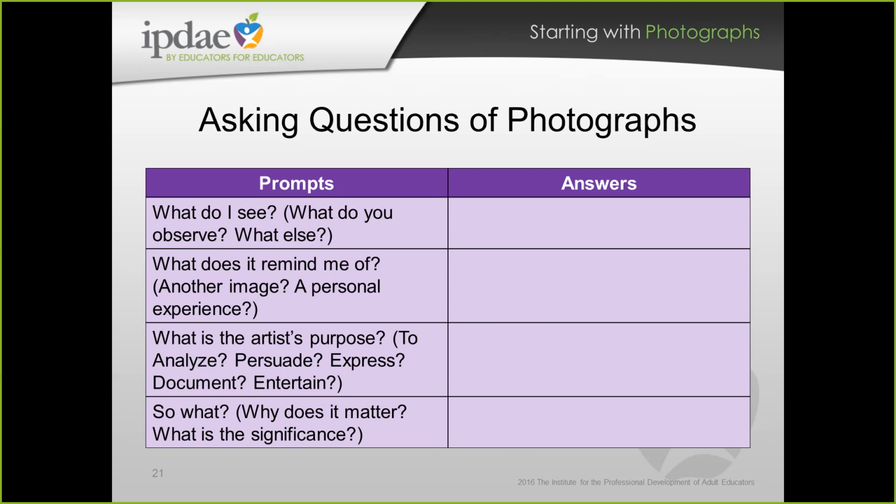Next step is to activate that schema or background knowledge. What does that remind you of? Once we're there, then what's the author's purpose? Is it to analyze, persuade, express, document, entertain? And then finally, as we laughingly say, in conclusion, so what? We don't make the inference until then.